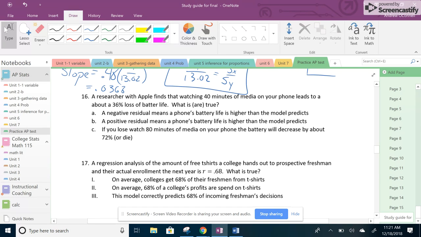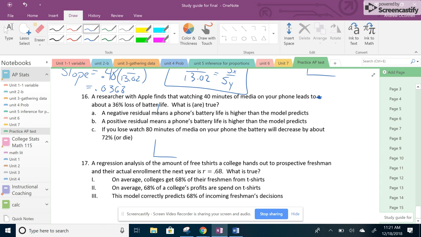Number 16: a researcher with Apple finds that watching 40 minutes of media on your phone leads to about a 36% loss of battery life. What is or are true? Let me just get a yay or nay from the audience as we go through this. A: A negative residual means a phone's battery life is higher than the model predicts.